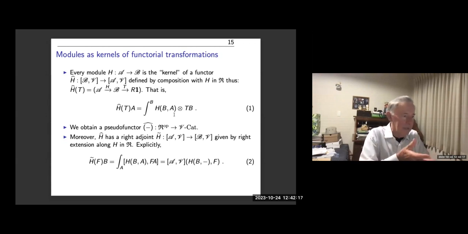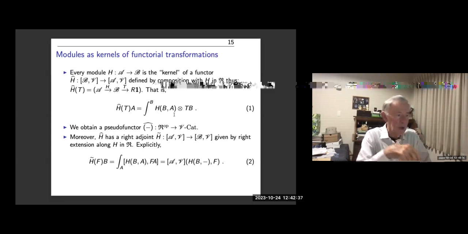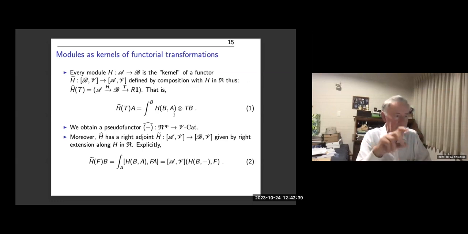That's all that's saying: for each object of R, which is a V-category, A say, you get the functor category AV, the linear representations of A. But because of the op, it turns a module into a functor around the other way. So our module H goes from A to B, and H hat goes from BV to AV.